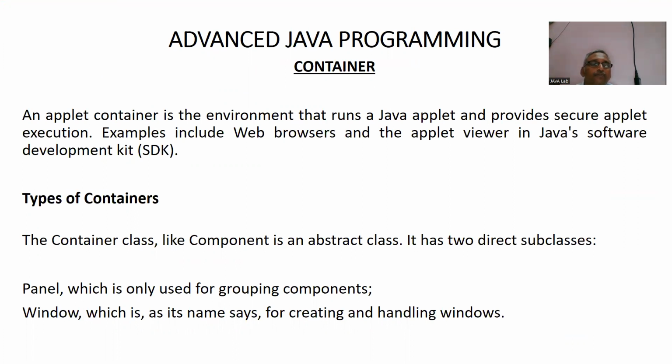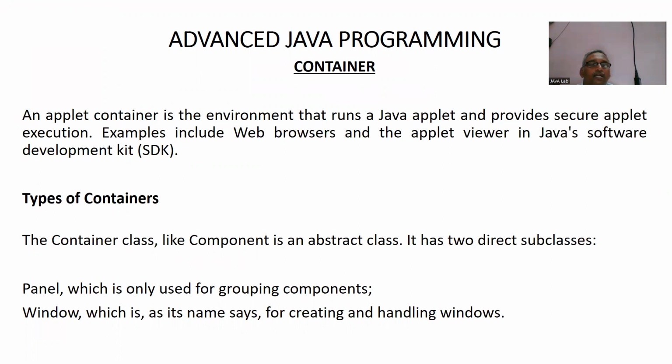Examples include web browsers and the applet viewer in Java's Software Development Kit (SDK). The applet container uses the sandbox security model, preventing applets from accessing system resources and causing harm. Running an applet in an applet container ensures security and portability.